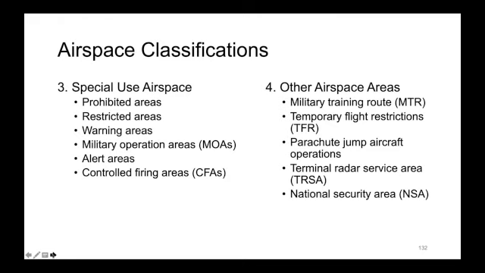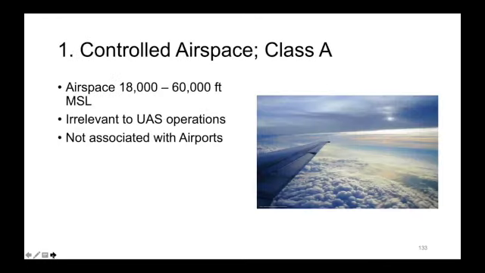And then other airspace areas we're looking at is MTRs, military training routes, and we have those all over the place. Temporary flight restrictions, parachute jump operations, terminal radar services areas, also known as TRSA, and then national security areas is part of that other airspace.